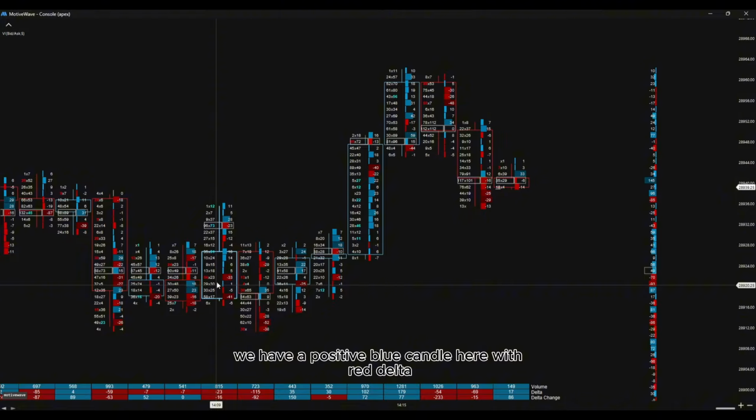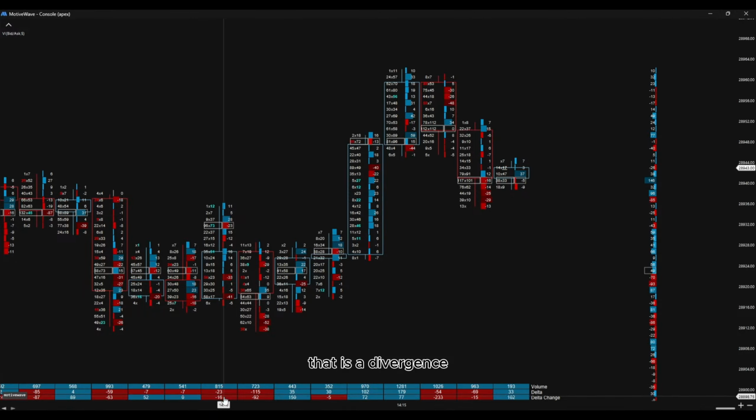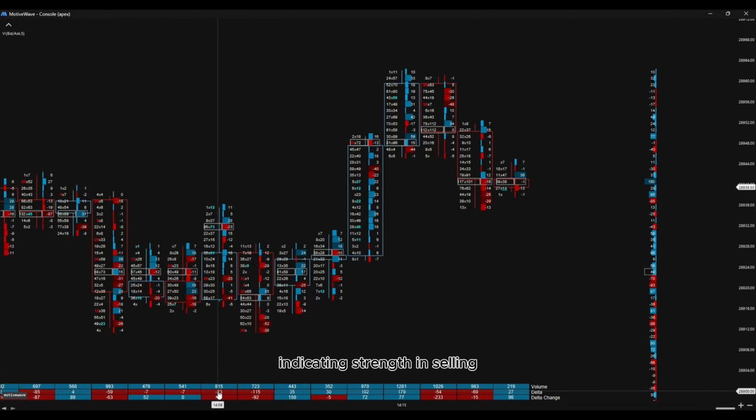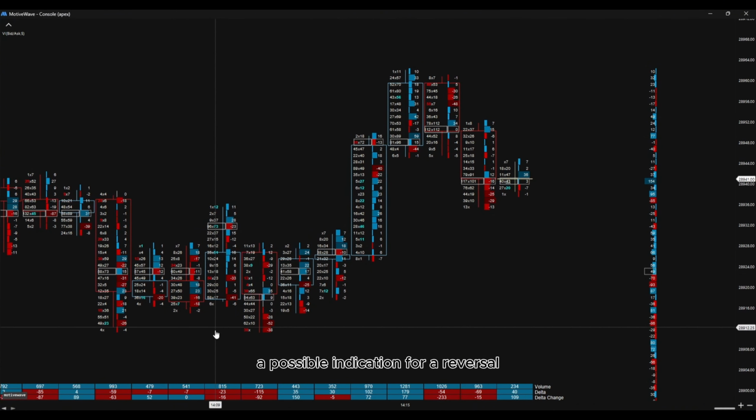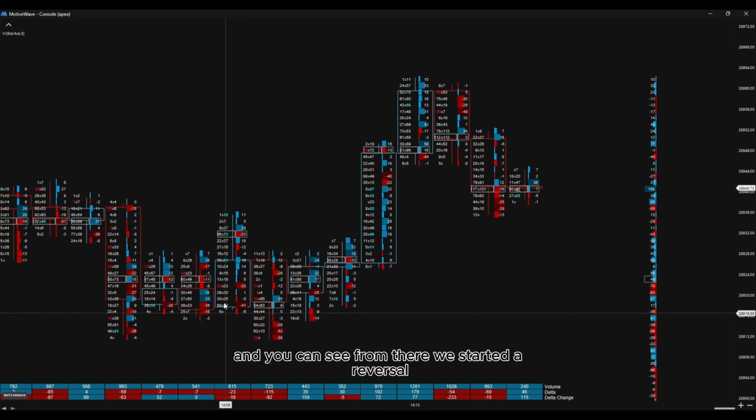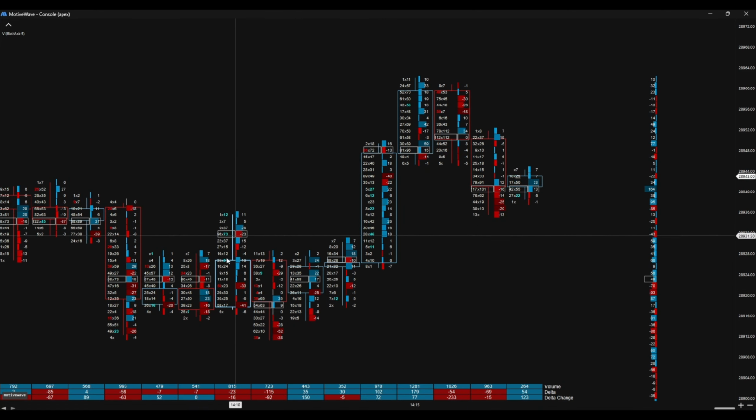We have a positive blue candle here with red delta. That is a divergence, indicating strength in selling but failure to close lower, which can be a possible indication for a reversal. And you can see from there we started a reversal.